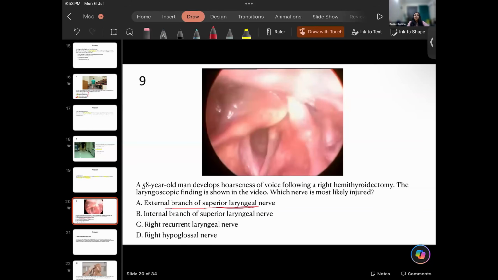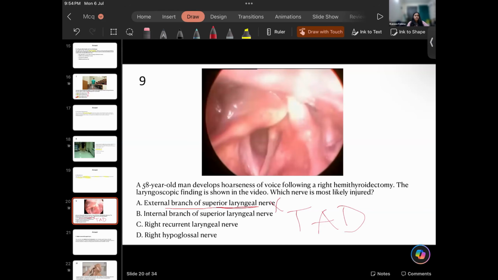And the function of the cricothyroid is TAD, that is tensor and adductor. It is responsible for high pitch phonation. So when there is an injury of the external branch of the superior laryngeal nerve, there would be a failure of high pitch phonation and not the paralysis. So this won't be the answer.